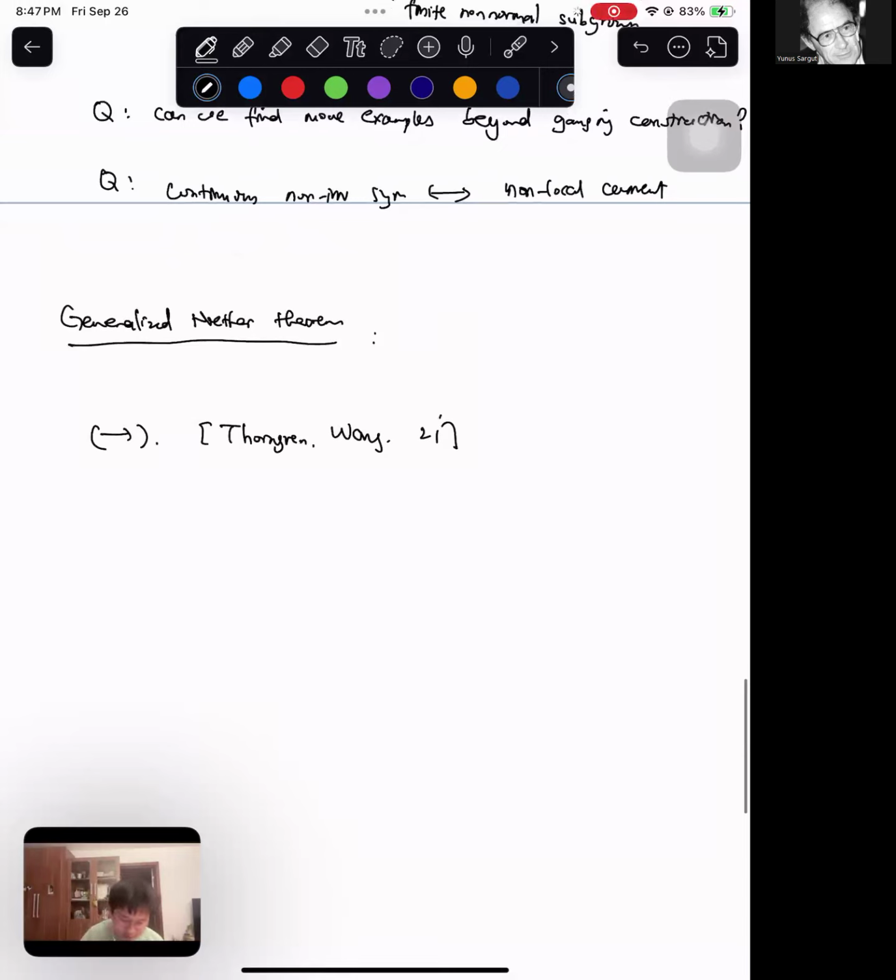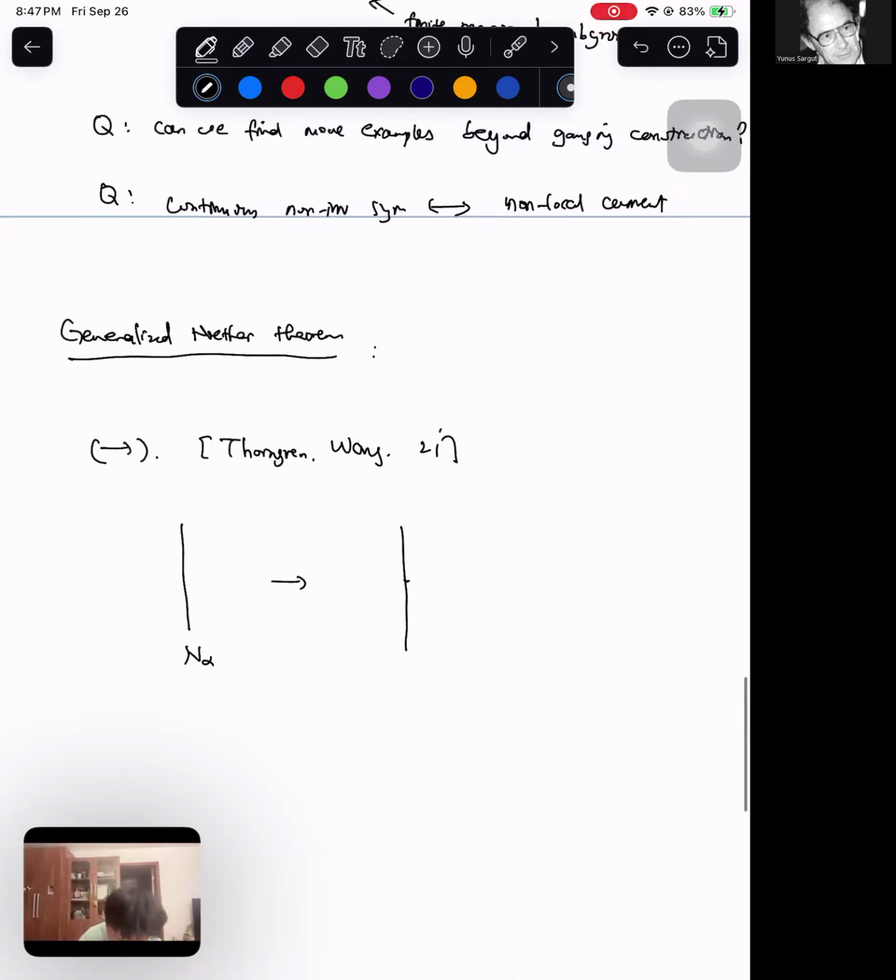So let's start with an operator, let's call it N alpha, which is labeled by a continuous parameter. In this paper, what they have shown is that there is a (1,0) or (0,1) local operator, which we call J, living on this N alpha.